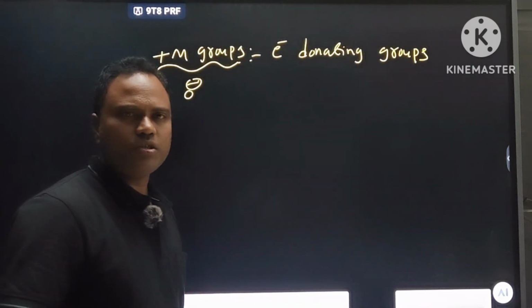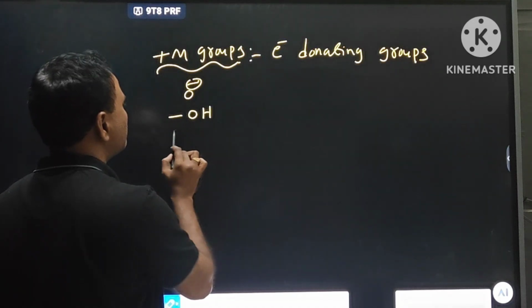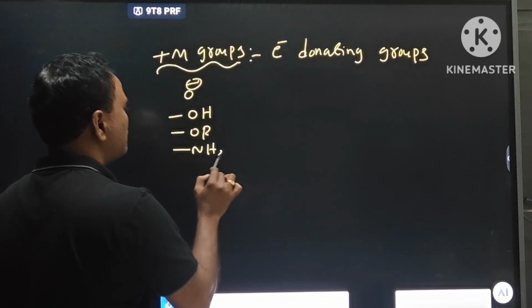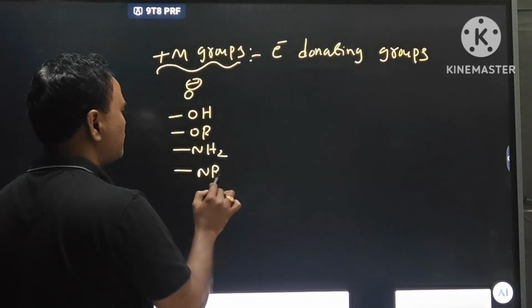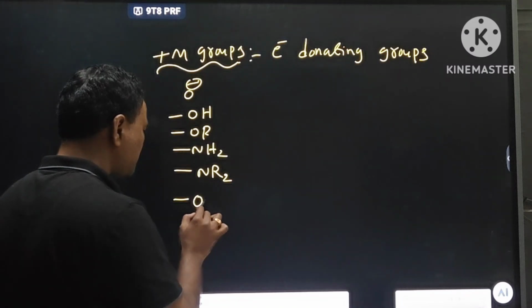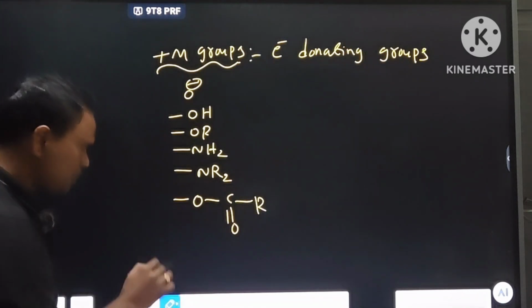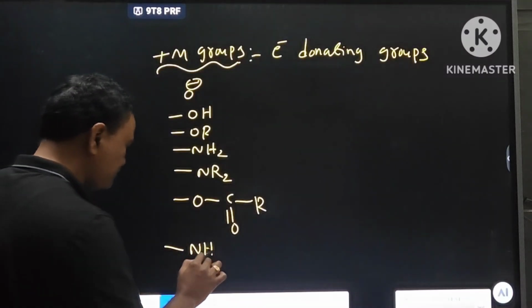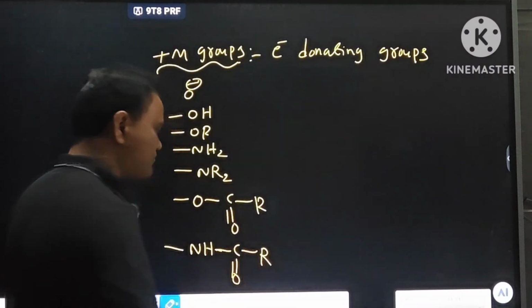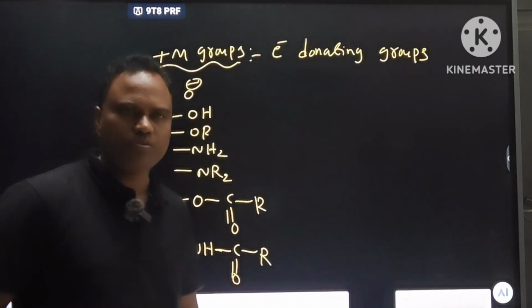Oxygen with negative charge is a plus M group. O minus, OH, OR, NH2, NR2, ester, amide. These are important plus M groups.